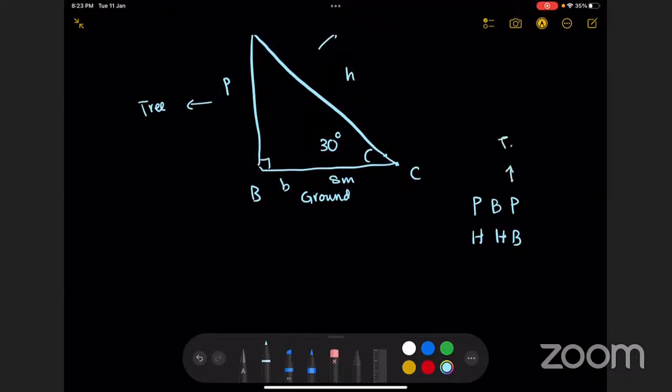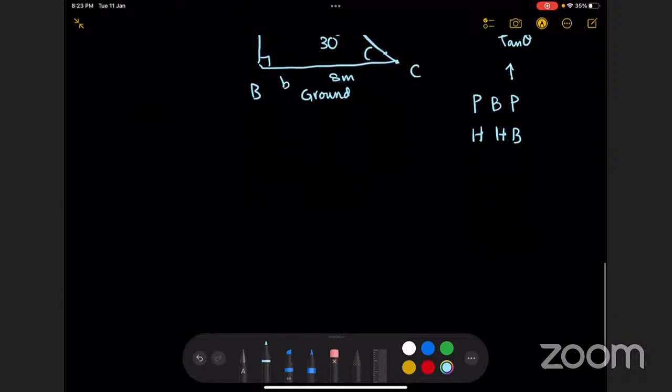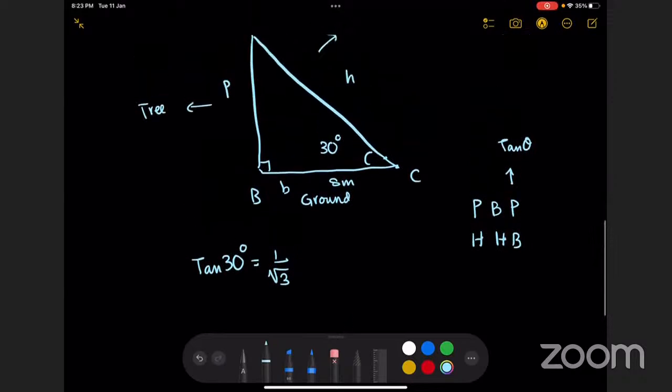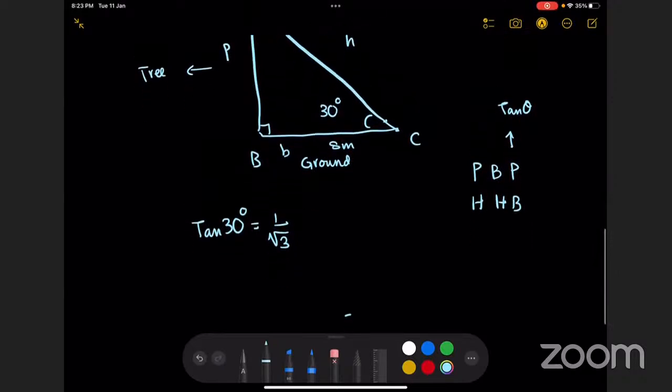So we'll take this, which is tan theta. And the angle is 30. So, you know that tan 30 is 1 by root 3. And the perpendicular upon the base.